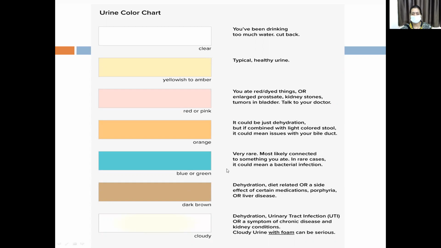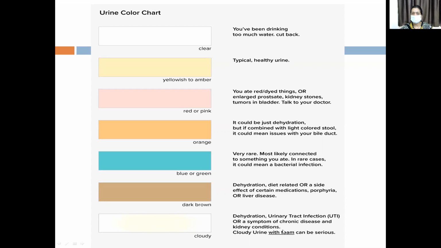Blue-green is very, very rare, but if it is present, it usually may indicate bacterial infection. Dark brown is usually dehydration, a liver disease or porphyria. Cloudy is either dehydration or there are proteins in the urine.